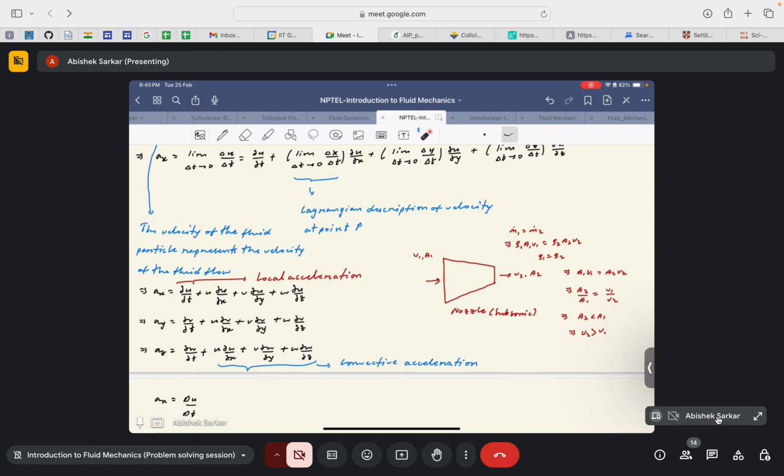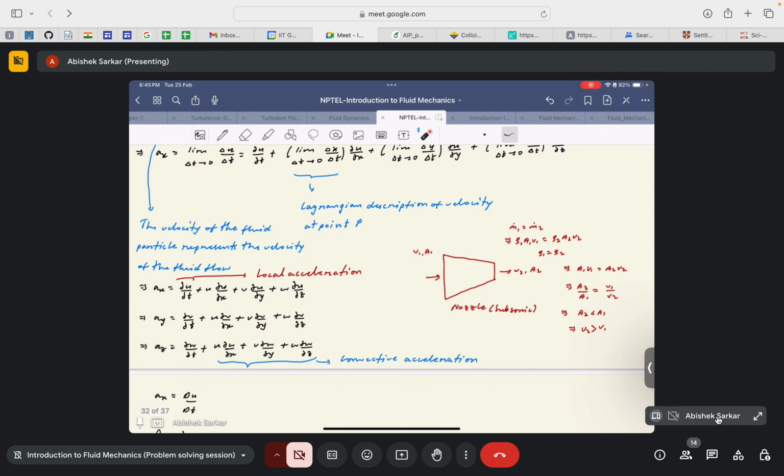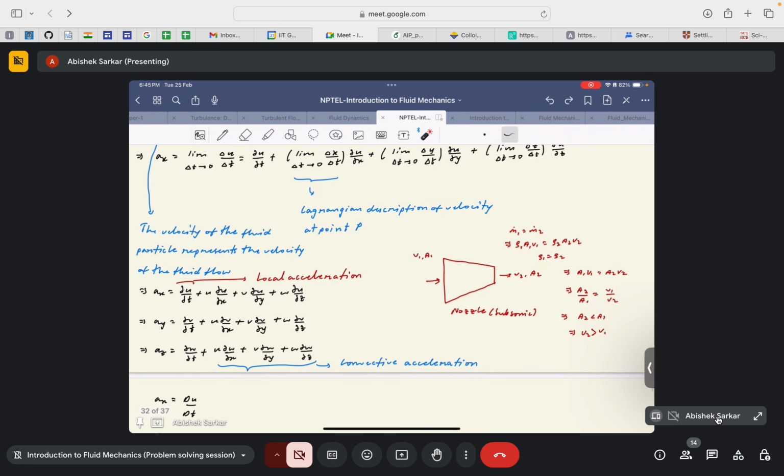So we see that, considering steady flow, the increase in the velocity of the fluid particles, or the collection of fluid particles, from point 1 to point 2 is primarily because of this converging portion of the duct. Because of this converging part, the fluid velocity is increasing in order to conserve the mass.